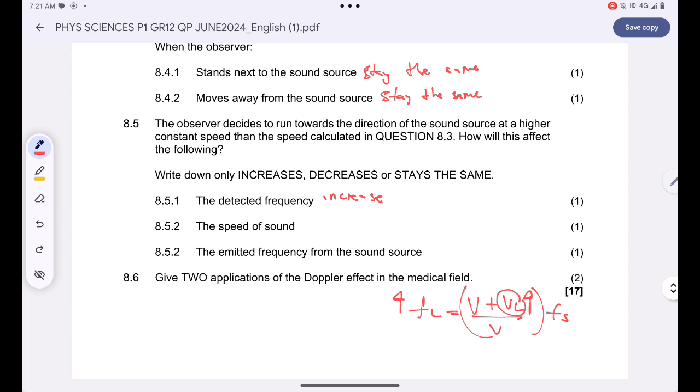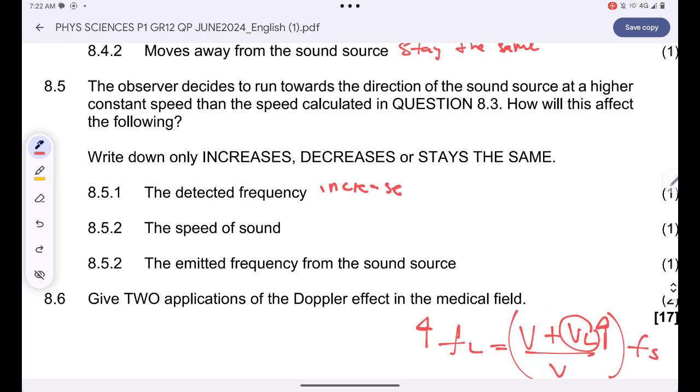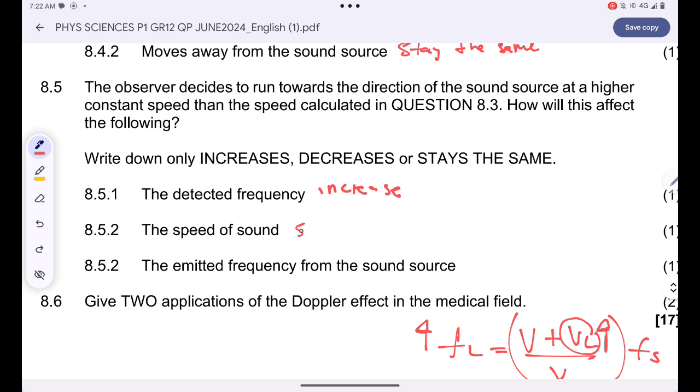Okay, the speed of sound will never change. It will only change if ever the environment is changed. Are you together? If it's still in the same environment, the speed of sound does not change. This will just stay the same.